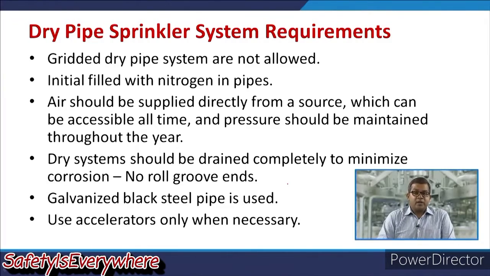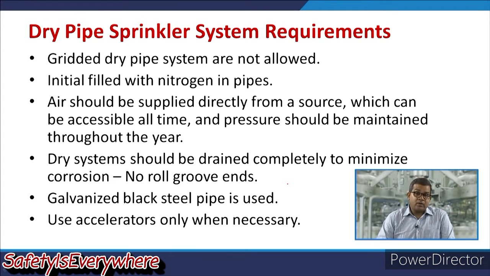There are dry pipe sprinkler system requirements, specific requirements attributed to the dry pipe sprinkler system. Gridded dry pipe systems are usually not allowed. Pipes are initially filled with nitrogen. Air should be supplied directly from a source which is accessible at all times, and pressure should be maintained throughout the year.